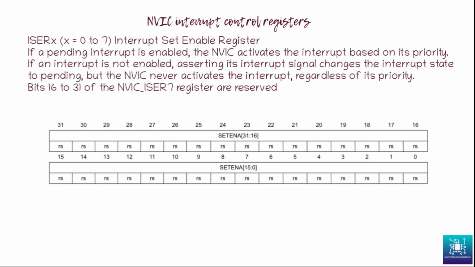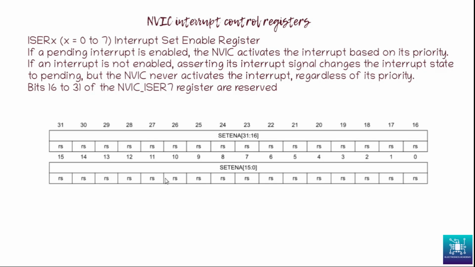What these bit fields do is enable the particular interrupt that each bit field corresponds to. So this is interrupt number 0, interrupt number 1, and it goes on.